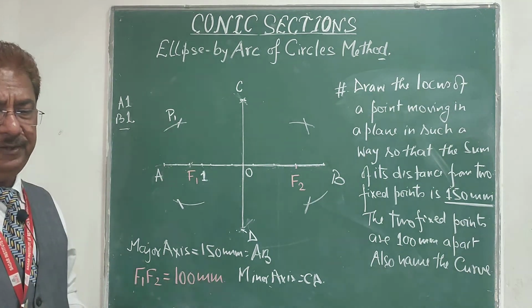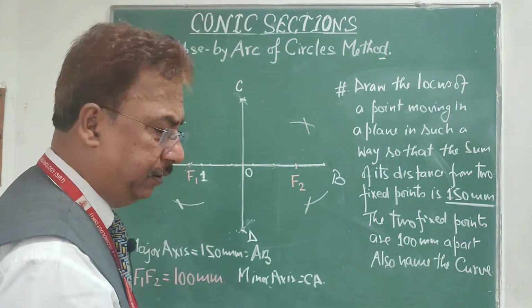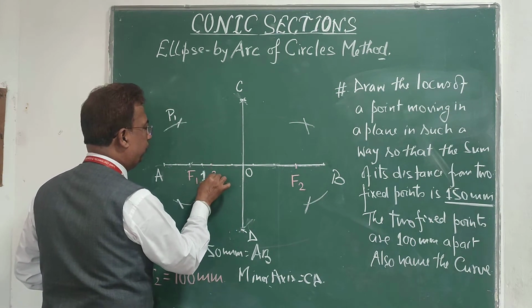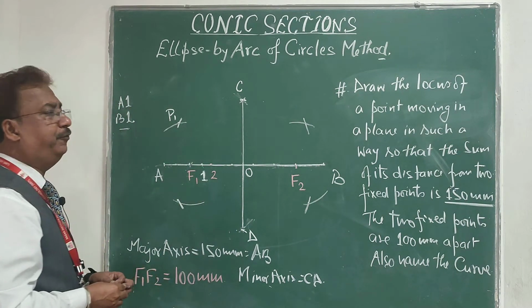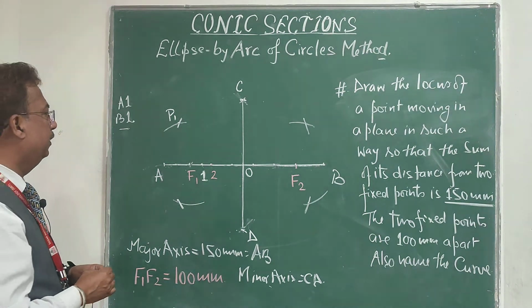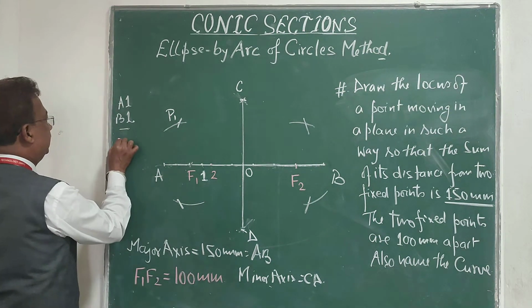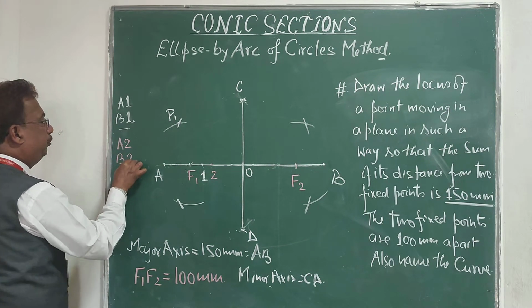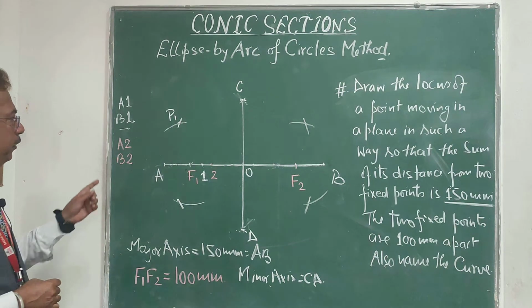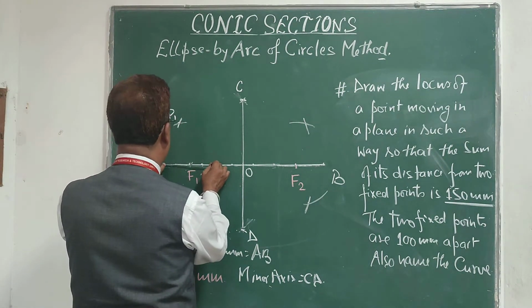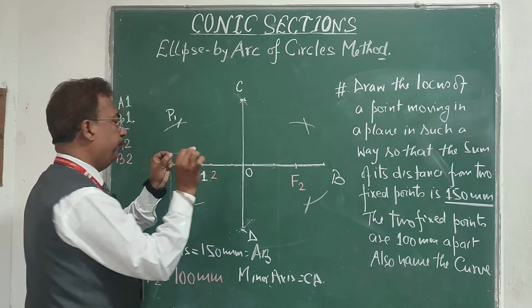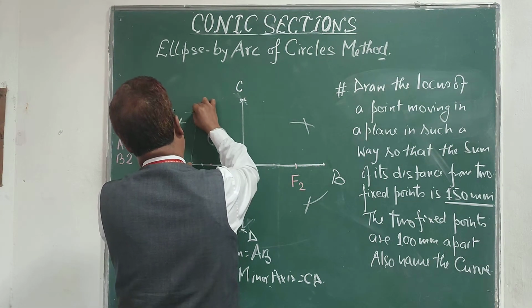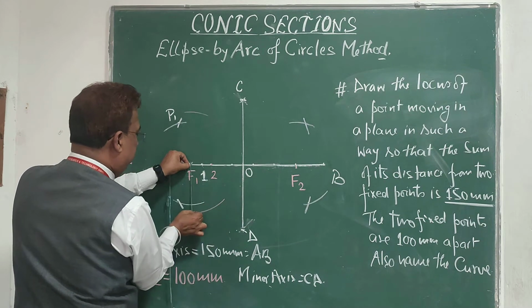In the same way, if I move a little further and mark another point, that will be point 2, suppose again 10 mm from the previous one. Now I am going to use the two distances, A2 and B2. Again you know that A2 plus B2 equals AB. So from this I am going to pick A2. Again F1 will be center, one arc upside, one arc downside.